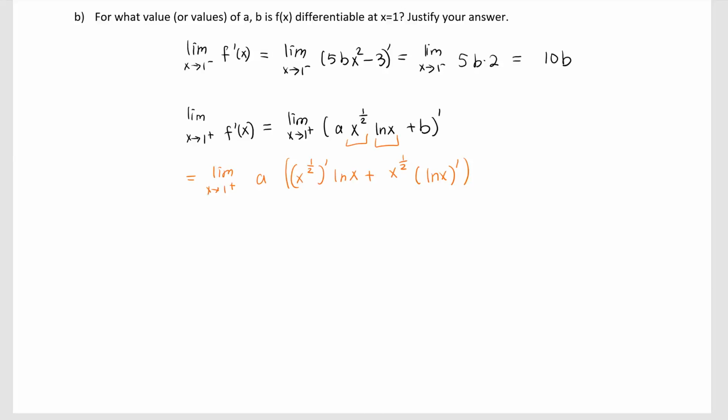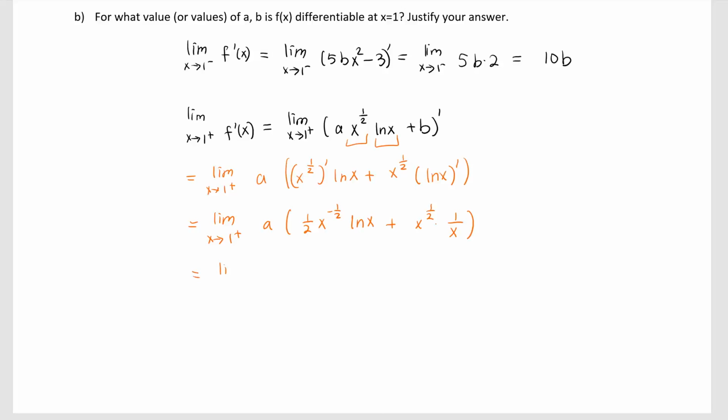Let's continue. So we have the derivative of x to the 1/2 is 1/2 x to the minus 1/2 times ln of x plus x to the 1/2, and the derivative of ln of x is 1 over x.